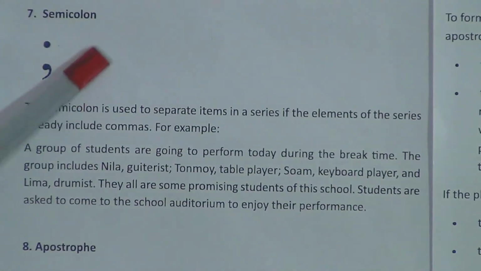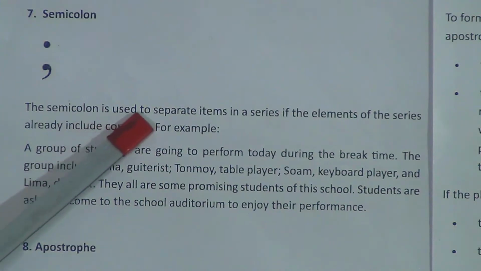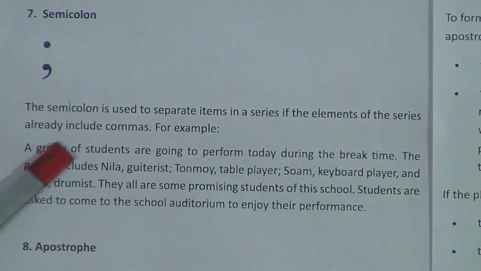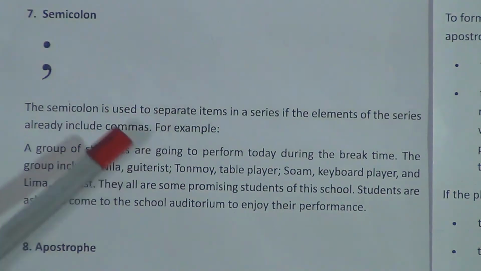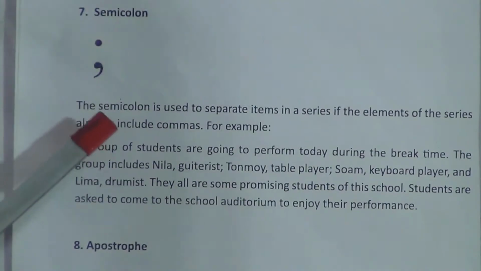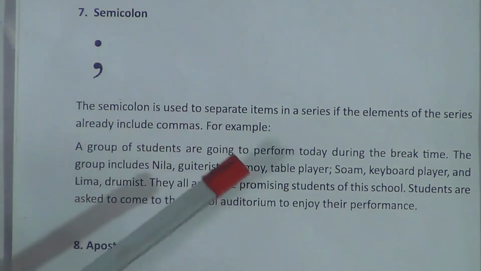Now number 7, semicolon, and this sign is called semicolon. The semicolon is used to separate items in a series if the elements of the series already include commas. Now if in a sentence you find commas, you will use semicolon there.